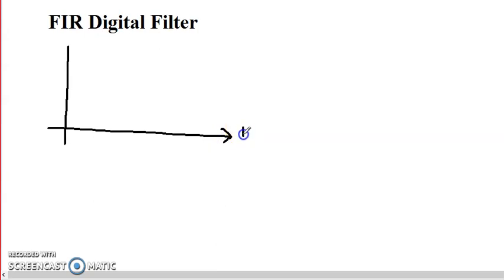If this is omega, the frequency, and this is, let us suppose, the digital filter impulse response, like this, mod. Then ideally it should have this behavior. Agree? Ideally it should have an ideal filter.